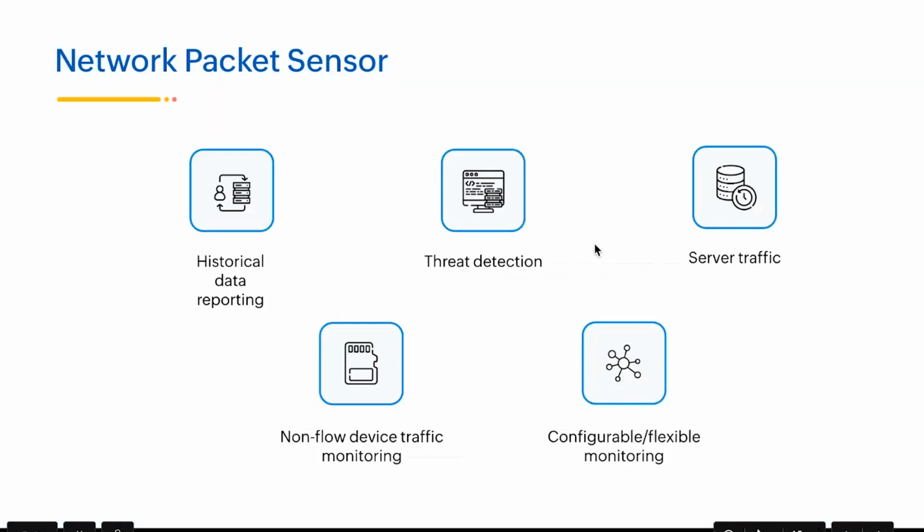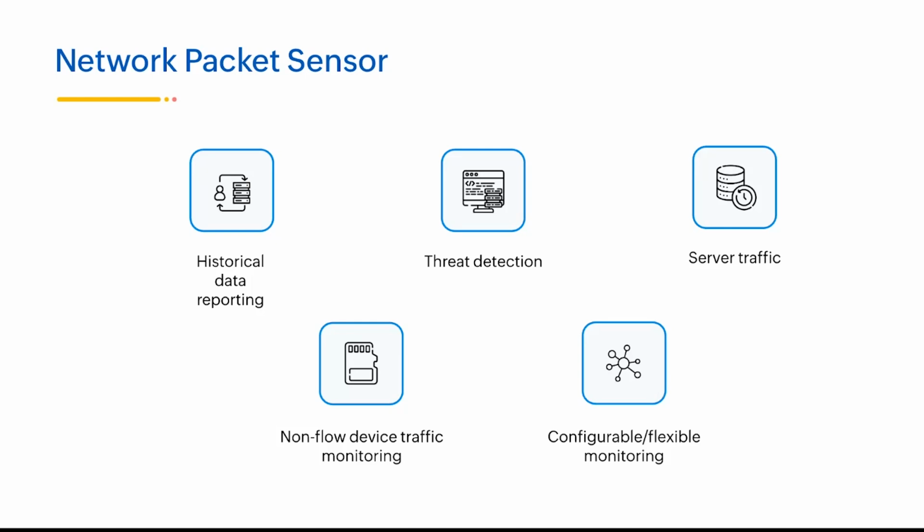So on a bigger picture, by consolidating all three different monitoring services offered by NetSpeed Tracker, helps you leverage historical data reporting, threat detection, server traffic monitoring, non-flow exporting devices, configurable flexible data reporting.